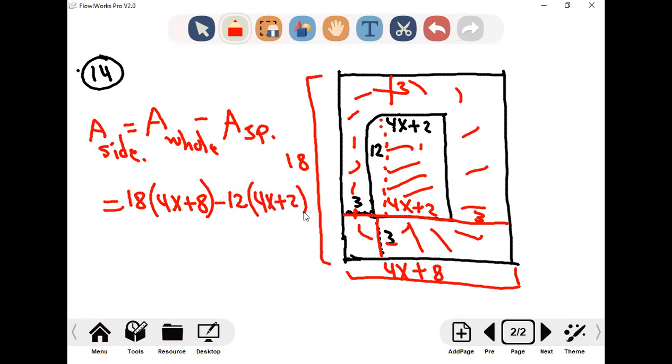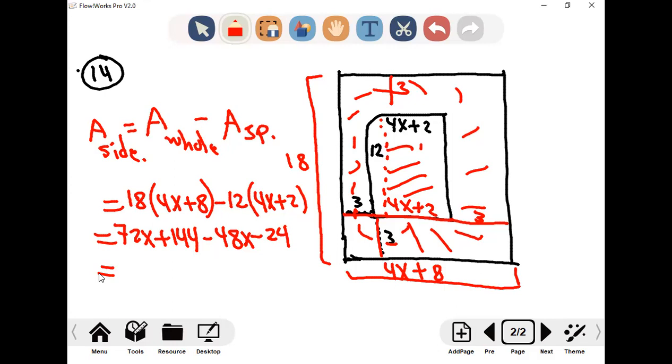Do you understand? Yes. Now distribute and simplify. 18 by 4x is 72x. 18 by 8 is plus 144. Continue with the negative, don't forget. Negative 12 by 4x is negative 48x. Negative 12 by 2 is negative 24. So we have 72x minus 48x.